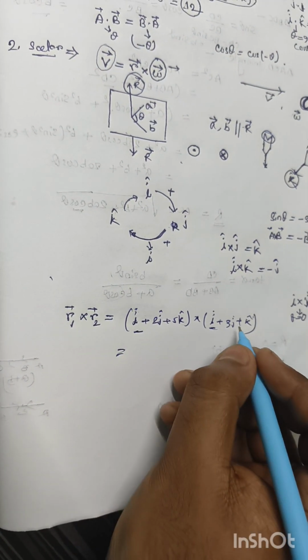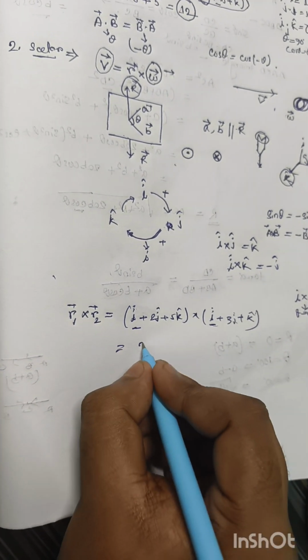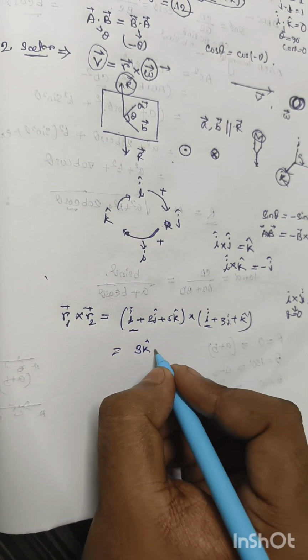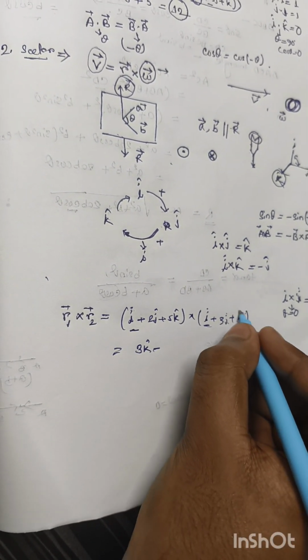For this i j it is 3k cap, and here comes the minus.